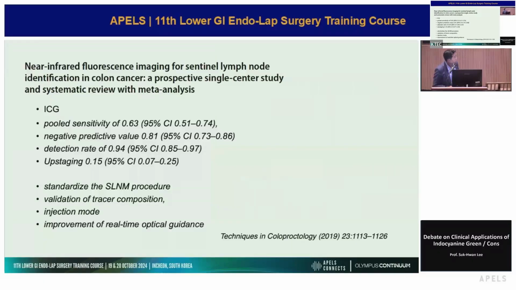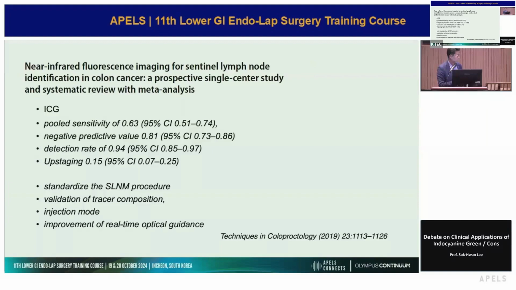This is the result from the pooled analysis. Sensitivity is about 63%, negative predictive value is 81%, detection rate is 94%, and there is a possibility of upstaging in 15%. But as Professor Son already mentioned, there is no standardized technique for the sentinel lymph node mapping procedure, and we need some validation.